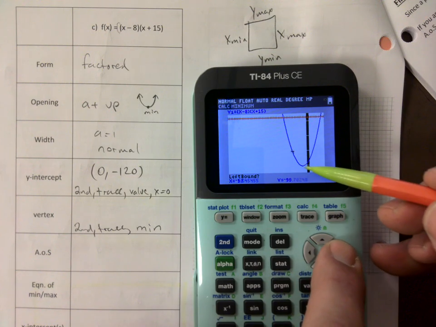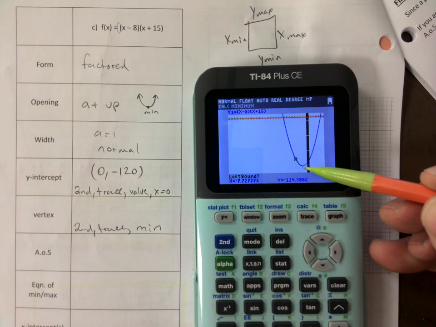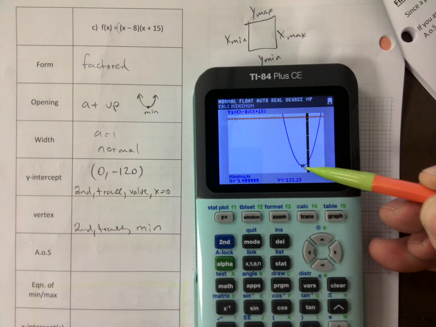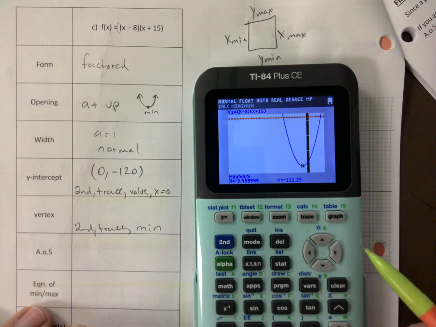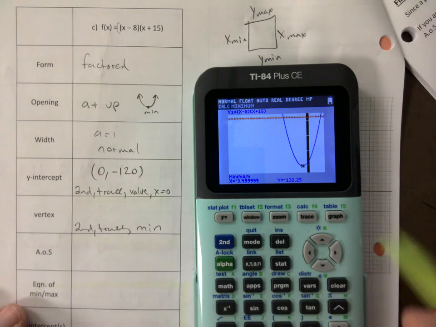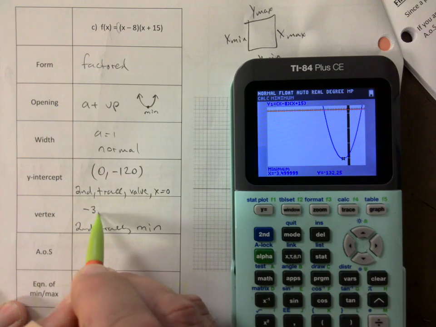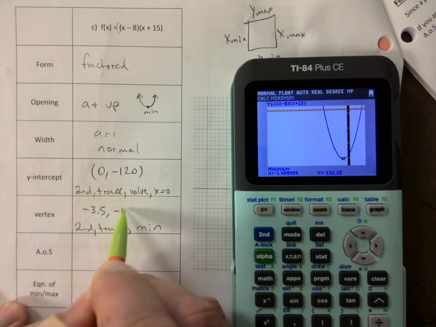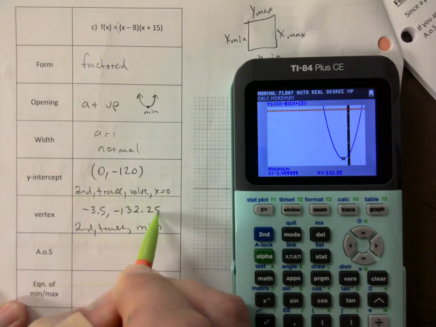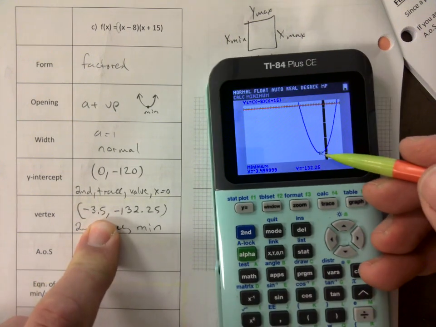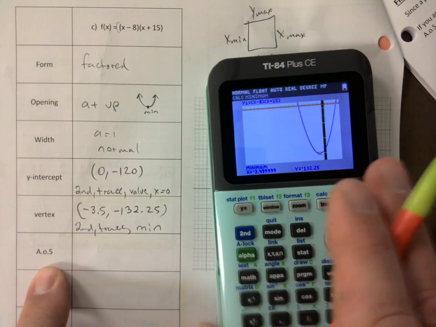So don't be panicking if it's not there. So left bound, enter, crossover, enter, enter one more time. So it's negative, watch the sign, negative 3.5, negative 132.25. So we know that this is correct based on where it's located.